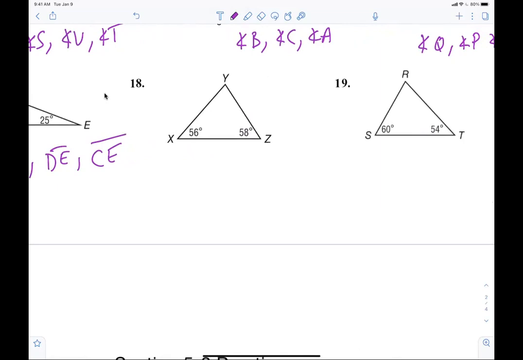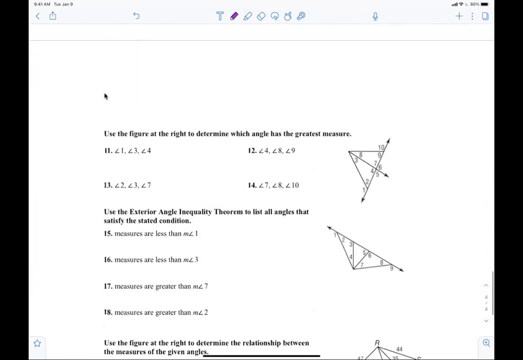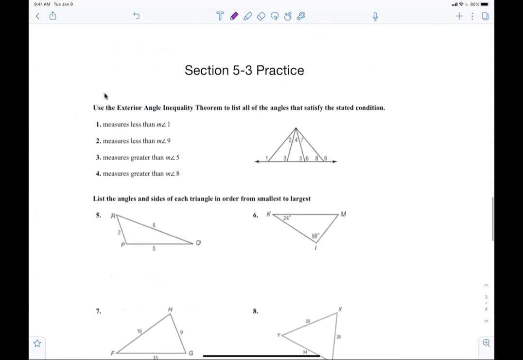Why is that? How do I know that? Because all the angles have to add up to 180. Right. Yes. So that's 64. Okay. So tell me again now. YZ, good. XY, and XZ. I totally think that's easy.